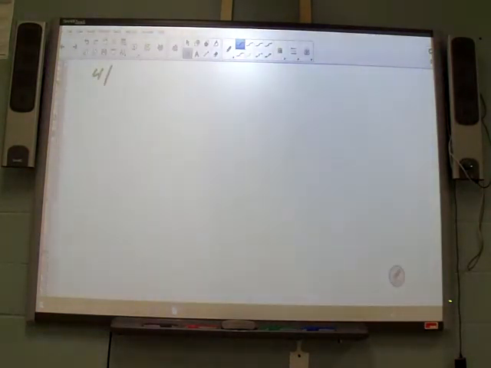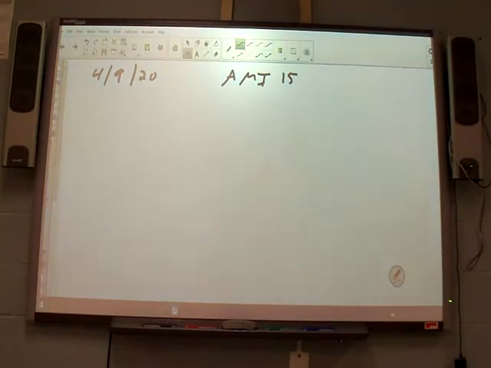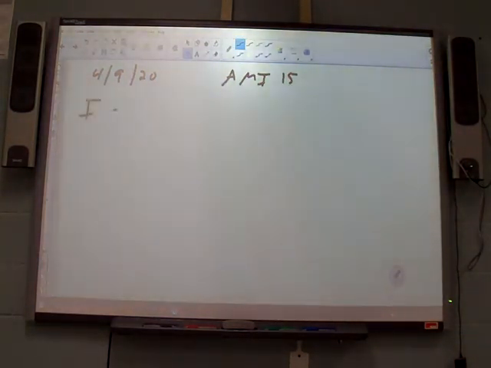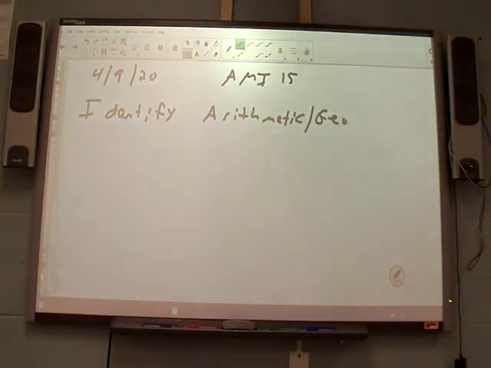This is 4920 and this is AMI 15. So I've got 5 problems for your assignment today. First off, you must identify if it is arithmetic or geometric.